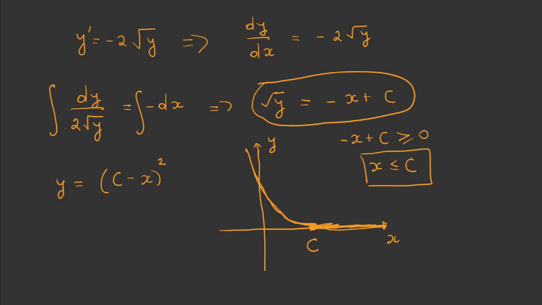In other words, what if we consider the following piecewise defined function: y equals (c minus x) squared for the values of x that are less than or equal to c, and y equals 0 if x is greater than c.